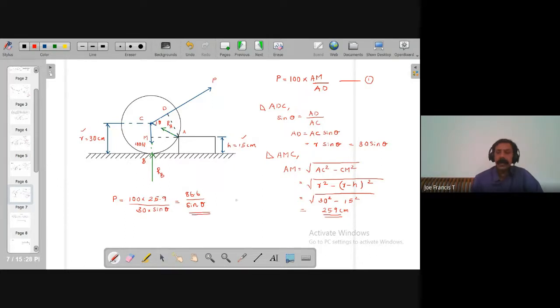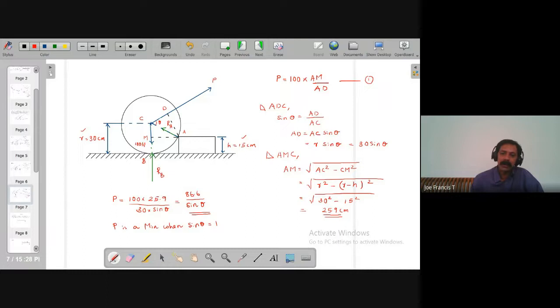But you are asked to find P minimum. The minimum value of P has to be found. So what will be P minimum? When is this P a minimum? When sin theta is a maximum, when sin theta is equal to 1. Only then will P be minimum, since the denominator is maximum.